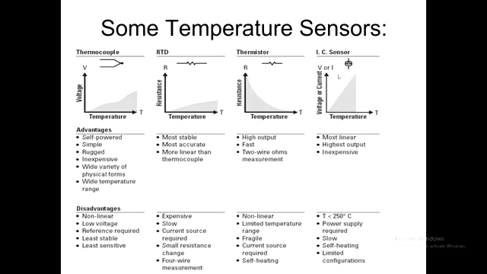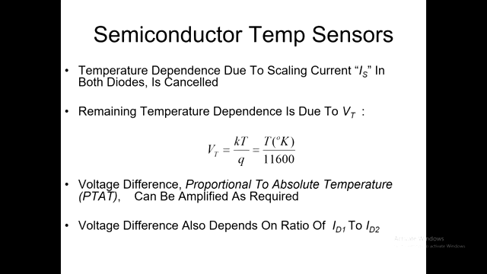Typically in these scenarios, I should have mentioned that the thermocouple needs a calibration as well, and calibration usually falls back to the IC sensor, the one we've just described, because that is fairly programmable and reliable.